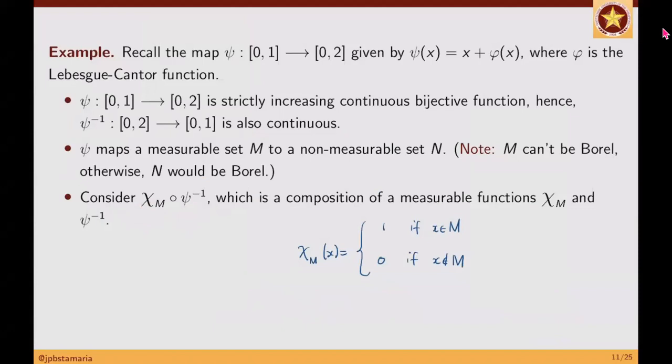Pwede naman, kasi pag composition, tatandaan nyo, nauunang gumana yung kanan. Yung psi inverse, it maps 0, 2 to 0, 1. Tapos yung chi M, it will map 0, 1 to, well, just 0, 1. Dalawa lang ang values niya, 0 at 1. Ito yung composition ni chi M tsaka psi inverse.